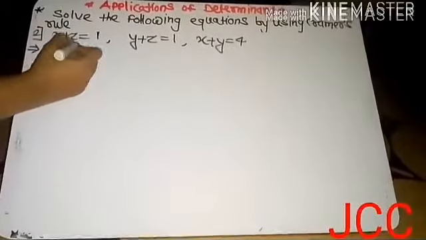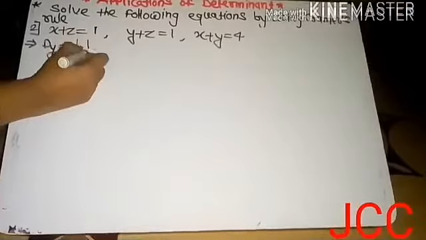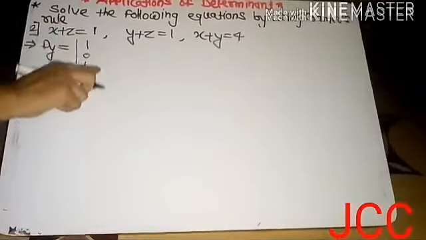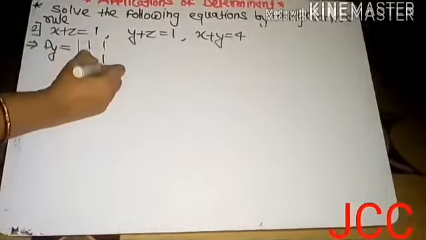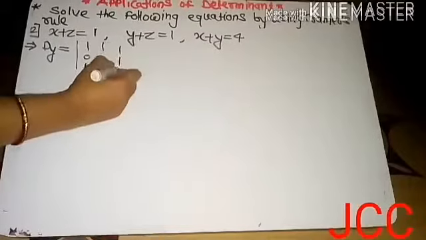Now we solve dy, and for dy first coefficient of x 1 0 1, replace by right side elements 1 1 4, z 1 1 0.